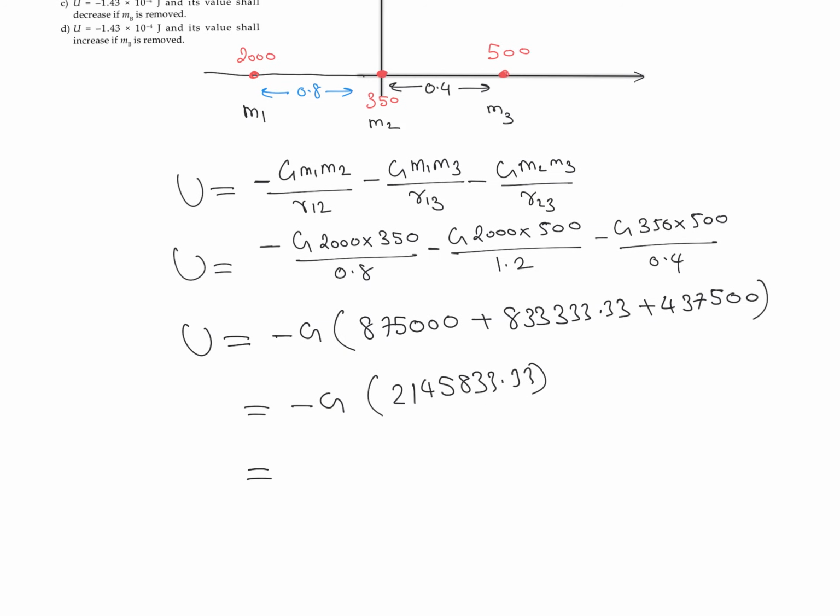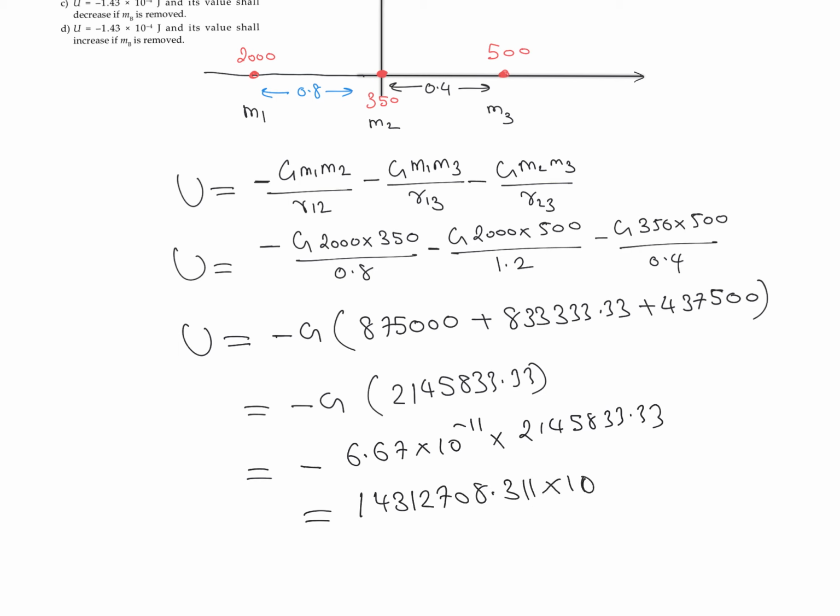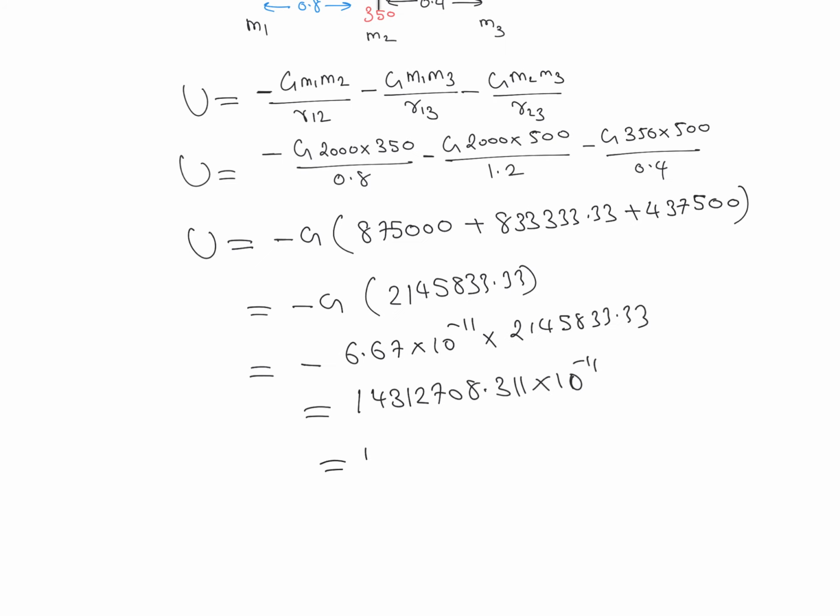We multiply it with the universal gravitational constant, 6.67 into 10 raised to minus 11. So we'll get something like 1431270.8 into 10 raised to minus 11, which can be written as 1.43 into 10 raised to minus 4. So negative of this will be the value of its potential energy.